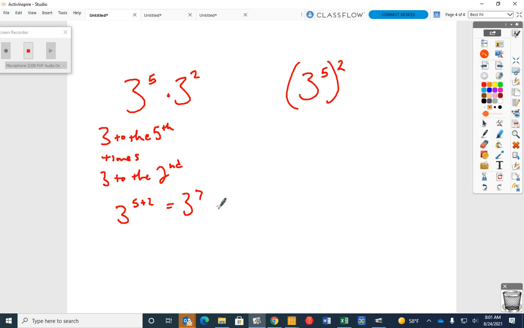Okay, what this means is something different, okay? Anytime I have this thing outside, what that means is this entire expression inside of here, 3 to the 5th times what? Times 2. Not times 2. Okay, guys, what does this mean? When you had this 3 to the 2nd, what did that mean? 3 what? 3 times 3, right?